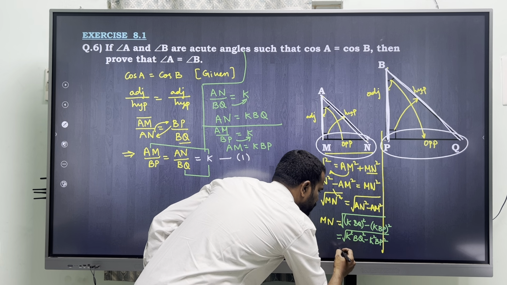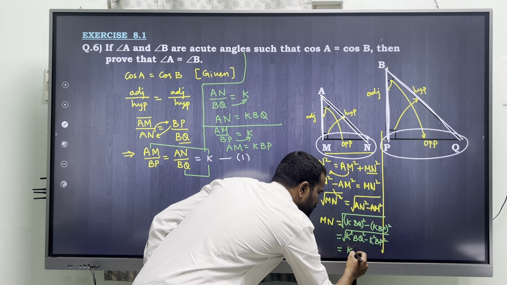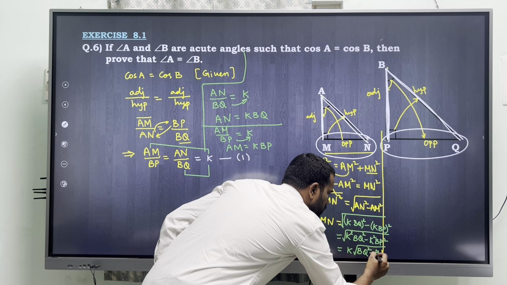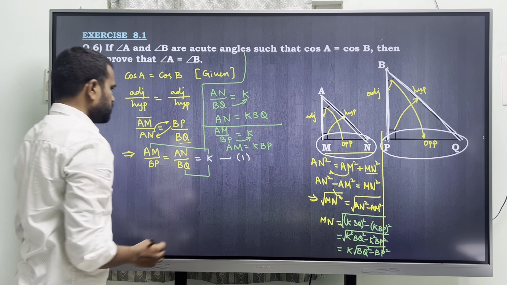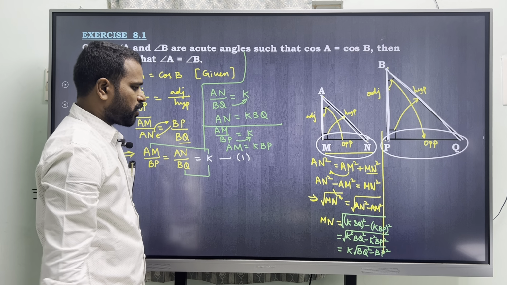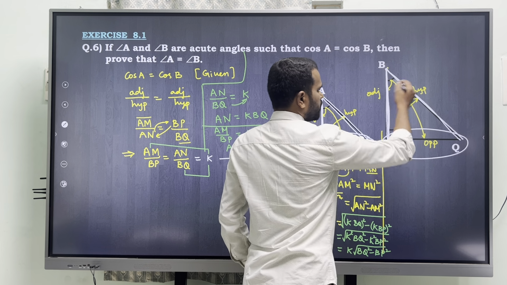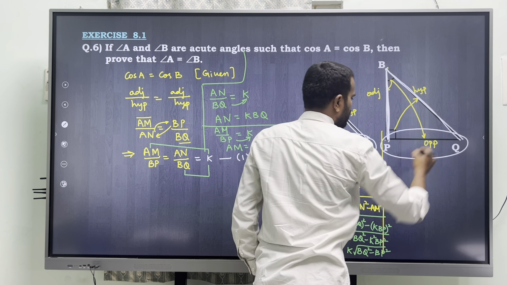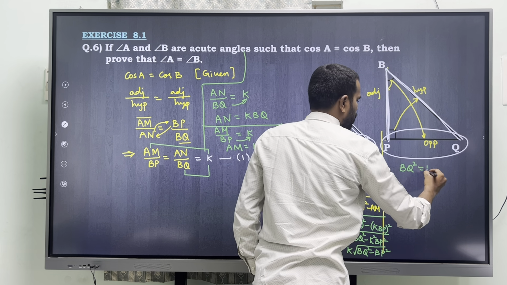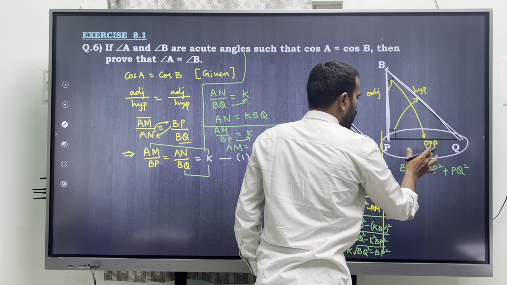So if you take K square common, it will come out, and this becomes K into root of BQ square minus BP square. So MN becomes K into root of BQ square minus BP square. Here again we apply the Pythagoras theorem. BQ square is equal to BP square plus PQ square. So what do I want?